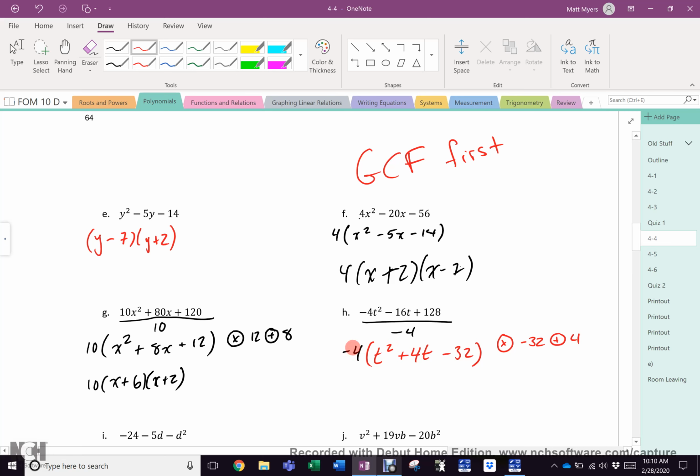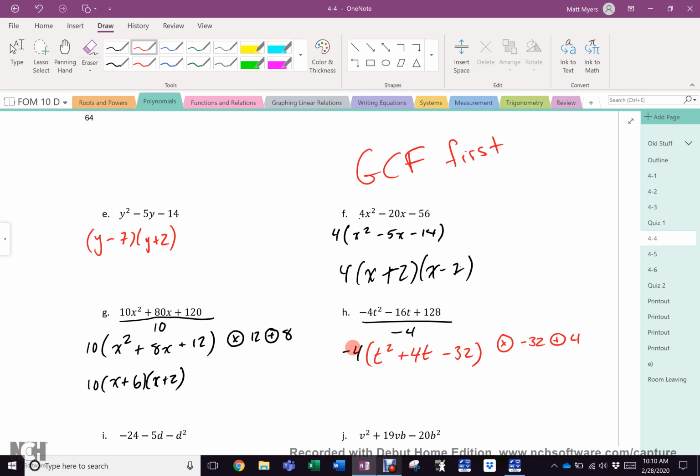He's well past emerging, right? Is he well past developing, or is he right in the middle of developing? He's right in the middle of developing until I said negative 8 and 4, and then he fixed it. So is he approaching proficiency? I believe so. Everybody understand?